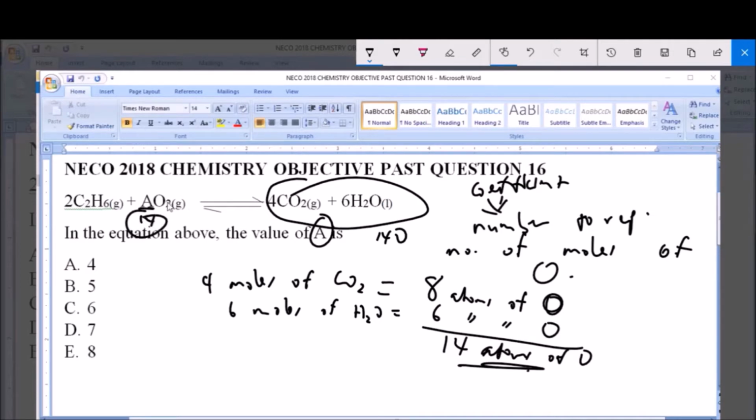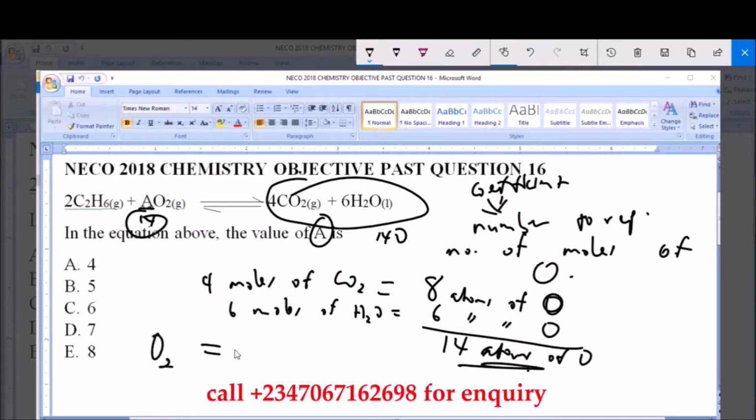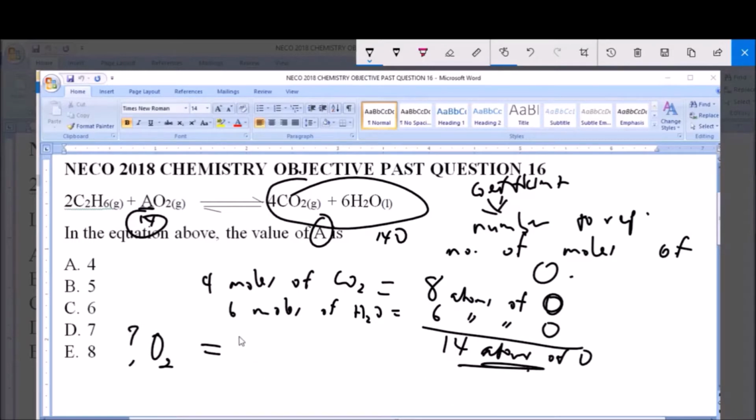Now you have an oxygen molecule here, that is 2 atoms. So how many moles will you need in order for you to get 14 atoms in total on this side? 14 divided by 2 is equal to 7.